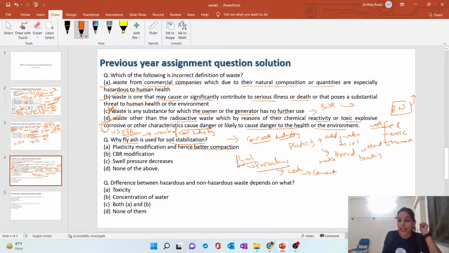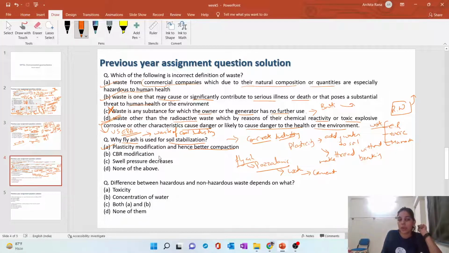Because fly ash is a pozzolanic substance, once it is added to a soil, it goes to the pore space, and then you are compacting it, and it is making a cement-like structure. It is increasing its plasticity, right?